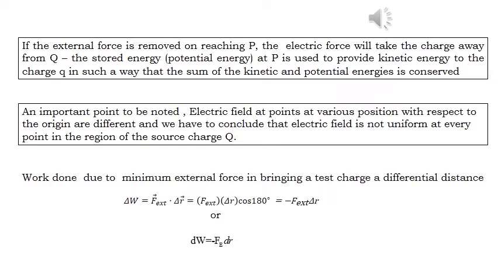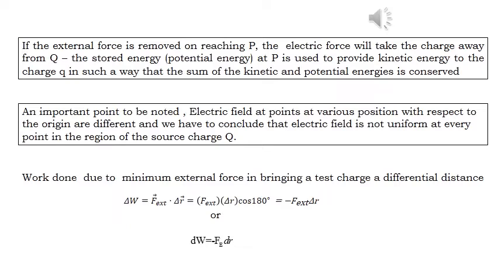Because the direction of the external force and the movement of the test charge are opposite in nature, theta equals 180 degrees. So we have to use cos 180 degrees in the expansion: F external into delta r into cos 180. We know that cos 180 equals minus 1. So delta W equals minus F external into delta r.